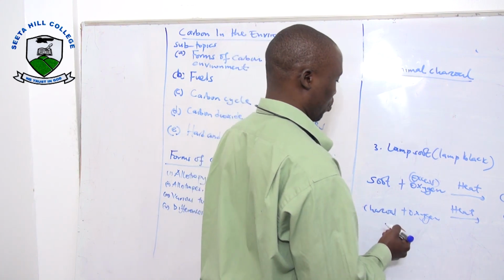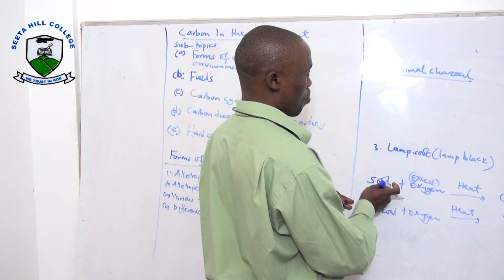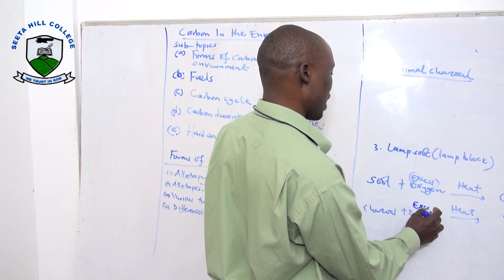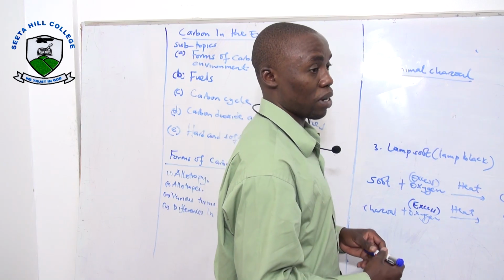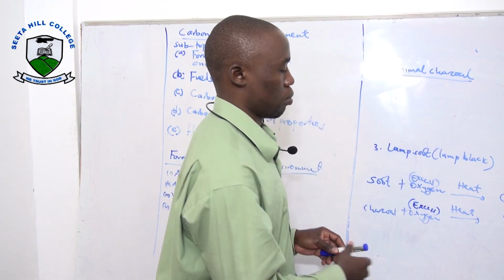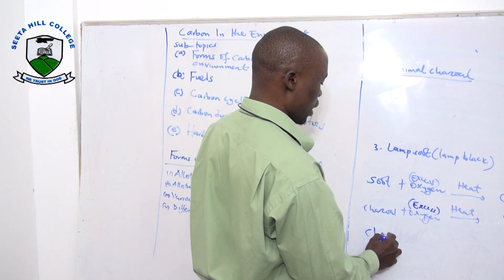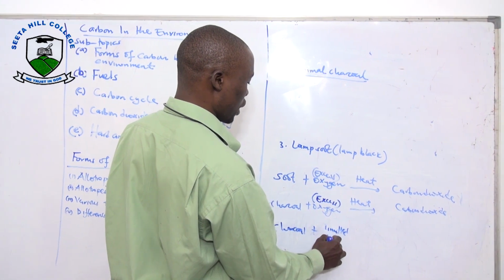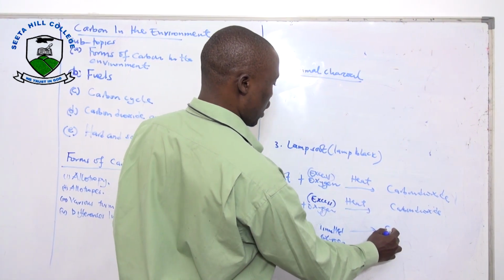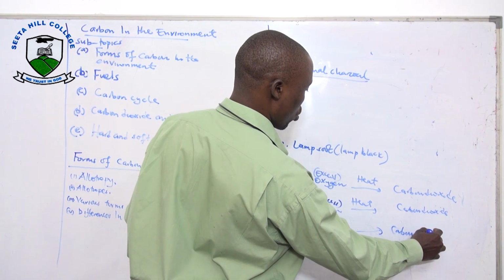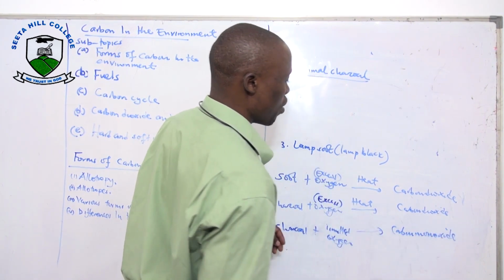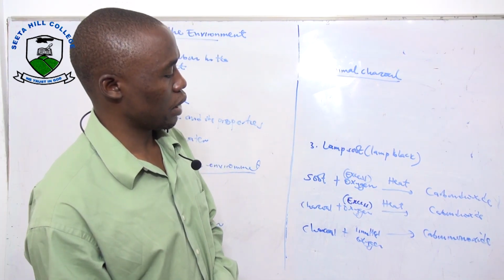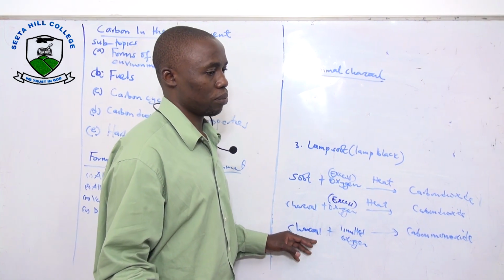Okay, now look here. We get carbon dioxide when you are burning in an exposed place where there is plenty of oxygen. But when you burn in a limited oxygen, instead you get carbon monoxide. A very, very poisonous gas.